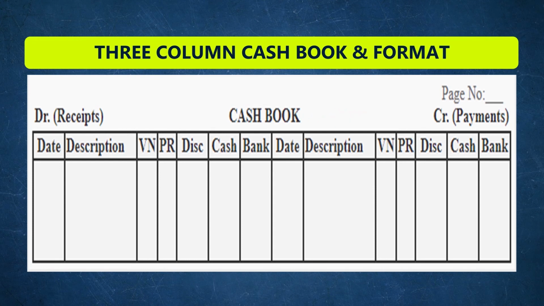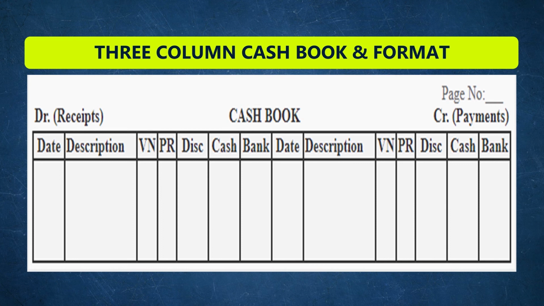In the debit side, you can see the columns: date column, description column, voucher number, page reference, and here discount. So this column has been added to the 2-column cash book. In the single column cash book, 5 columns were there in the debit side and credit side, but in the double column cash book another column was added for bank in the debit side and in the credit side.